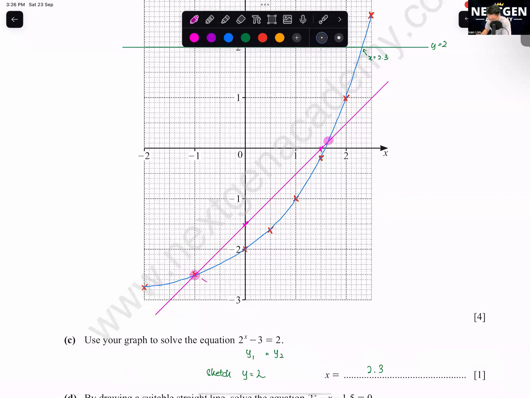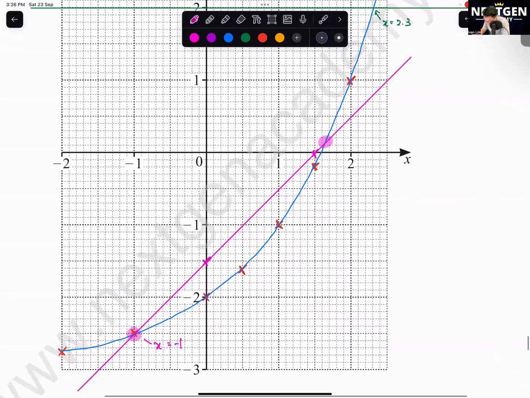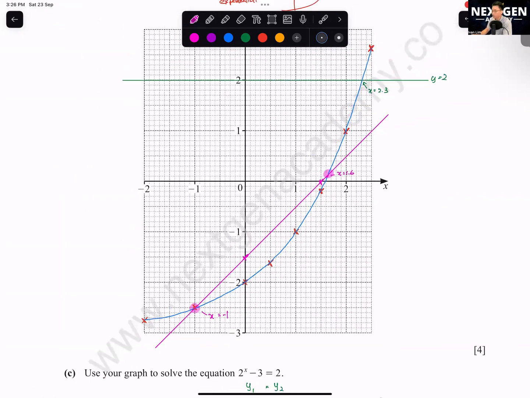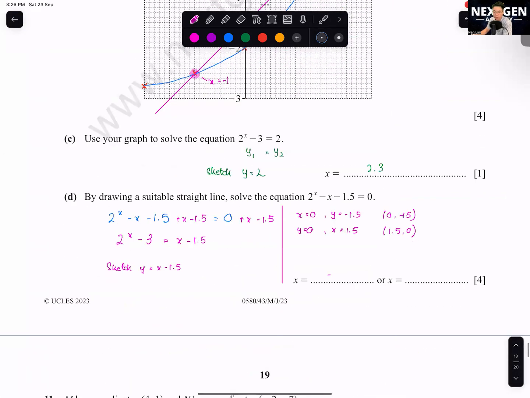Okay, so my answer here is x equals to negative 1. And here, okay, normally I'll just round it up. 1.6. Okay, x equals to 1.6. Okay, they accept from negative 1.55 to 1.7. So here, negative 1 and then 1.6.